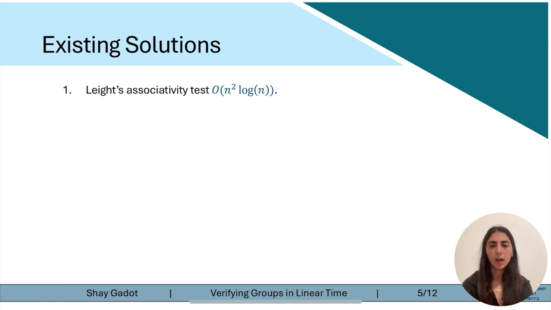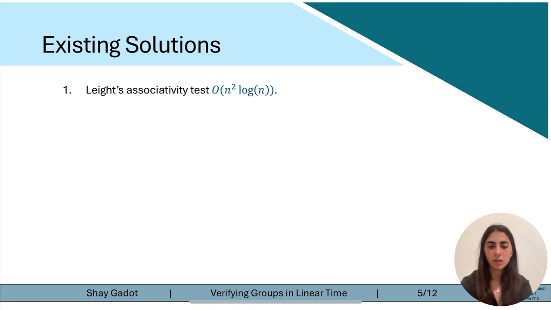So I'm gonna start by briefly describing two existing solutions. One of them is deterministic and the other one allowing randomness. The deterministic one is Light's associativity test. Light actually is suggesting to not go through all sets of 3 elements when we check associativity.